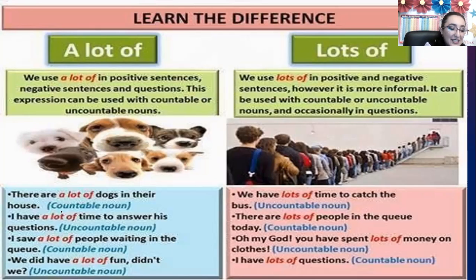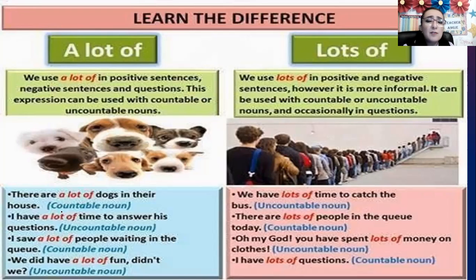Well, actually, they are not exactly the same. They have some differences that are going to be super useful for you. Lots of, remember, is a kind of more informal, okay? And you are going to be using this more with positive and negative sentences. You are not going to be looking at this in a question because it is super informal.